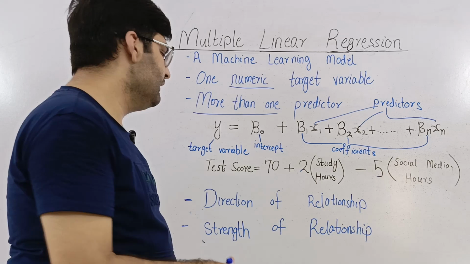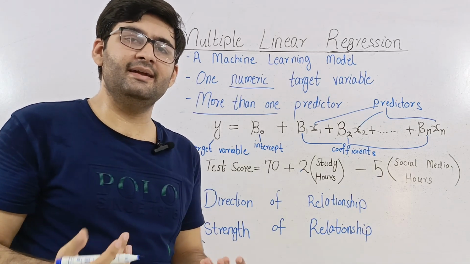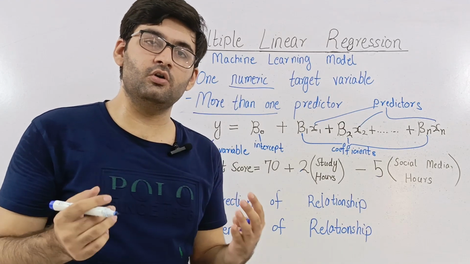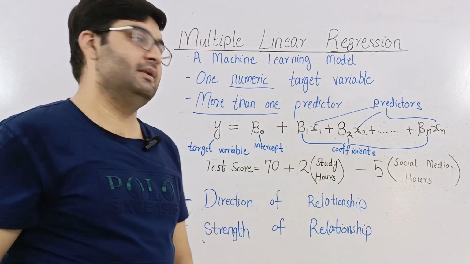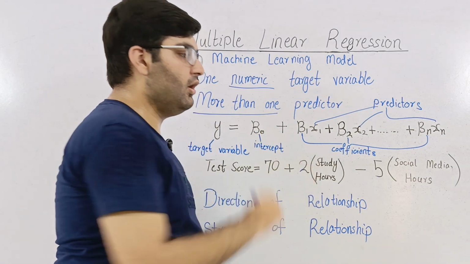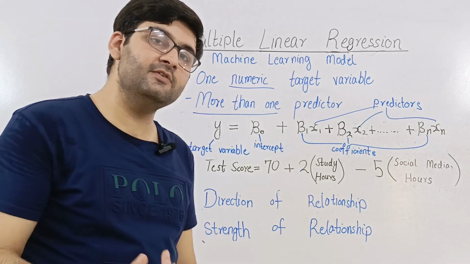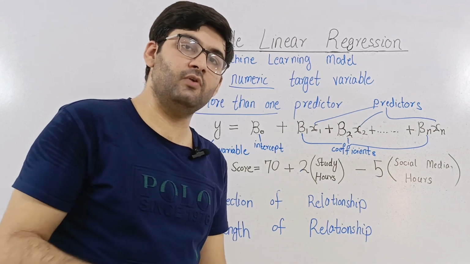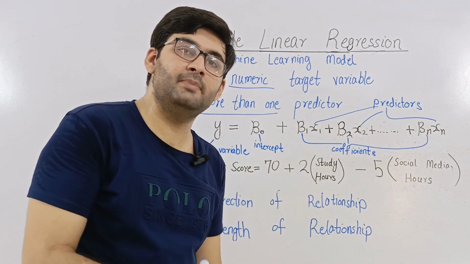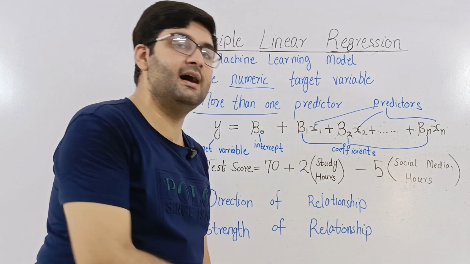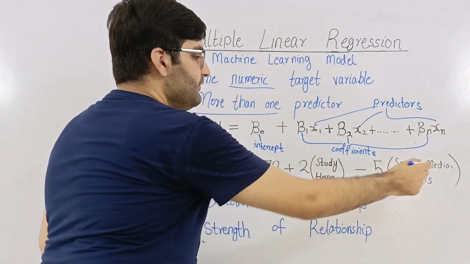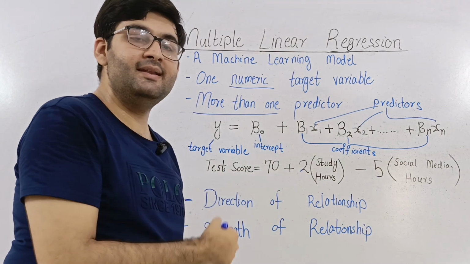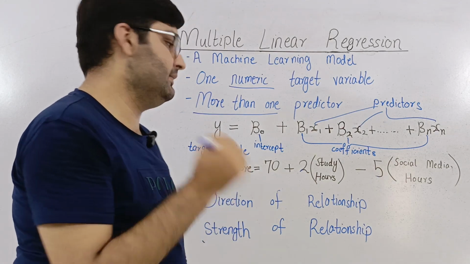For example, we might want to predict the test score of a student based on two predictor variables: the number of hours the student studies and the number of hours the student spends on social media. Here, I have written an equation of such a multiple linear regression model.